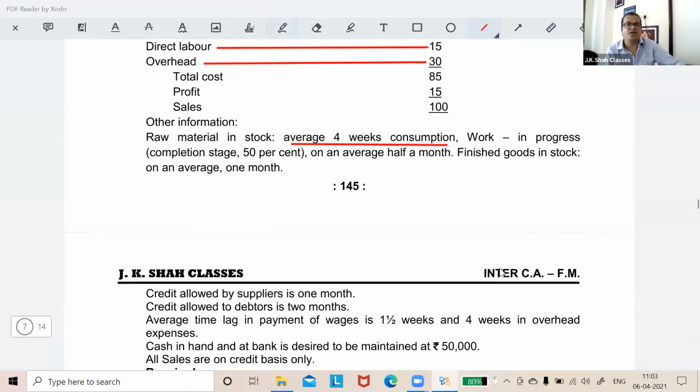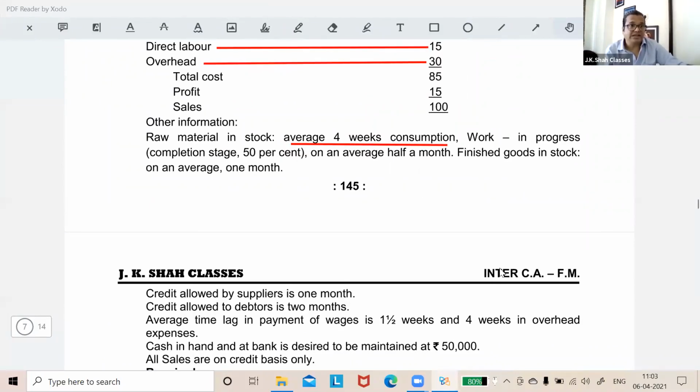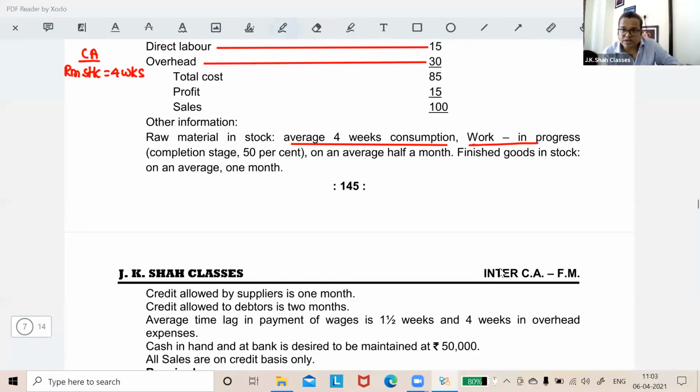So the moment we go on writing the details, we say that in our current assets, we will have raw material stock equal to how much? 4 weeks. Work in progress on an average, what? Half month. So WIP is going to be 0.5 month. Listen to me. What is written? Completion stage is 50%. Now, what is the implication of this?